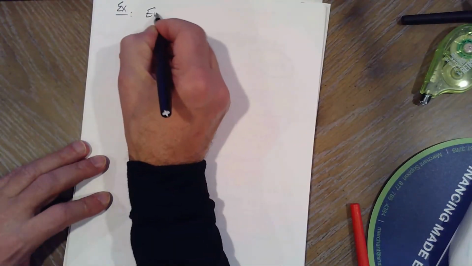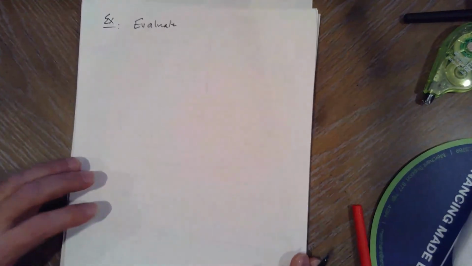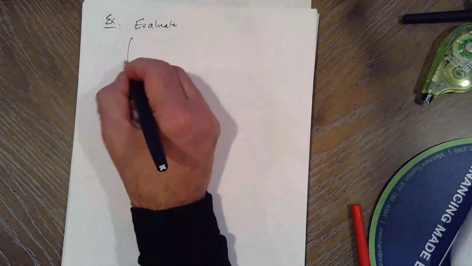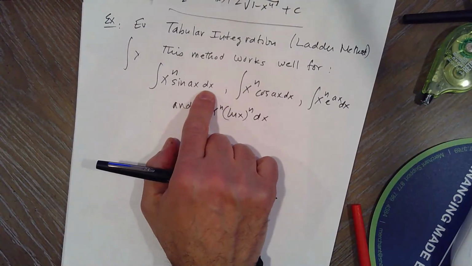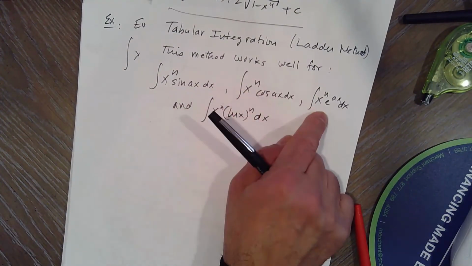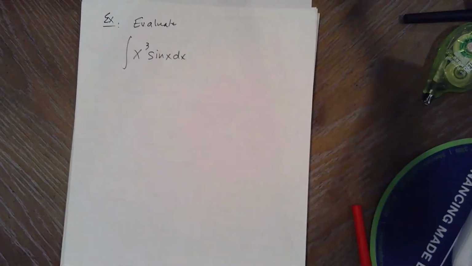So evaluate the integral of x cubed sine x, which you can see fits into this guy, x cubed sine x. Okay, it could be sine, cosine, e, or ln, as long as you have a power of x in there.